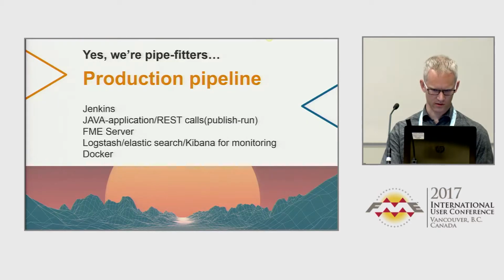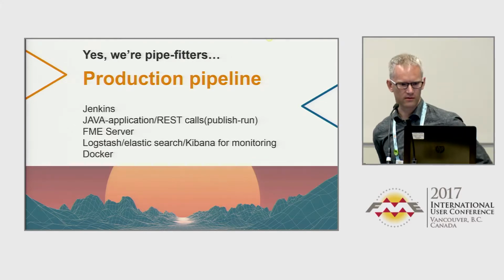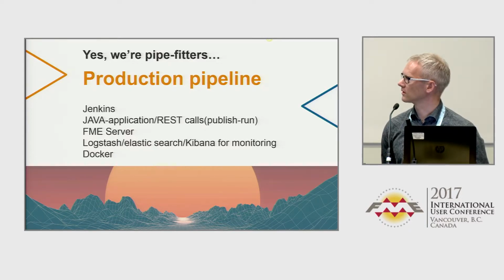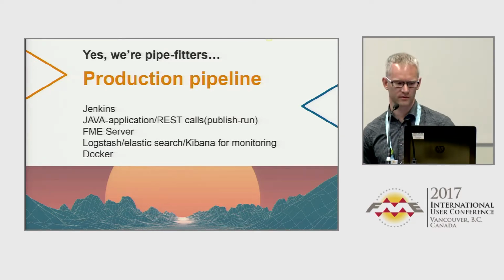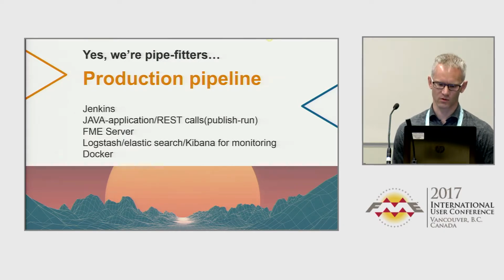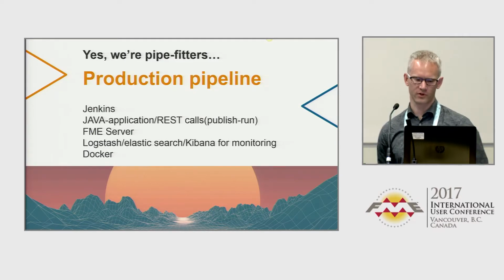Let's see if we have a slide on that. Yes, we have a pipeline for that using Jenkins. A job is started, picking up the latest version of the workspaces and publishing them on FME Server, and we have a Java application for that, publishing all the workspaces to FME Server using REST calls.